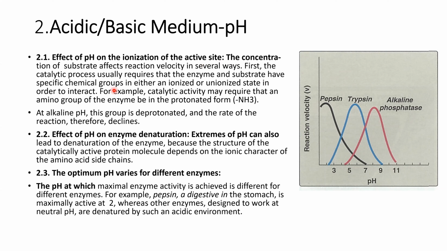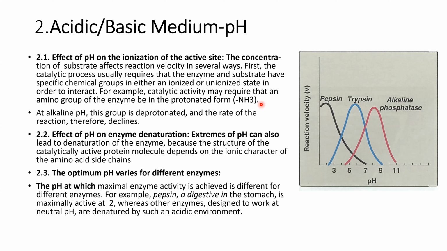We know that all enzymes are protein in nature, so they are made up of different amino acids. In an amino acid, we have the amino group, we have the carboxylate side, and we have the R group. For certain enzyme activity, the active site should have a highly protonated amino group, right? So it means the acidic pH will favor that enzyme activity.